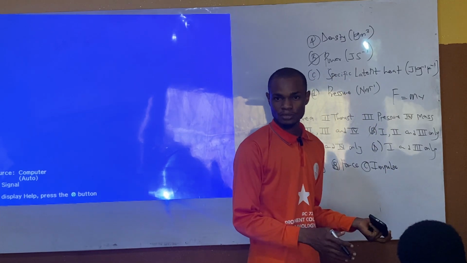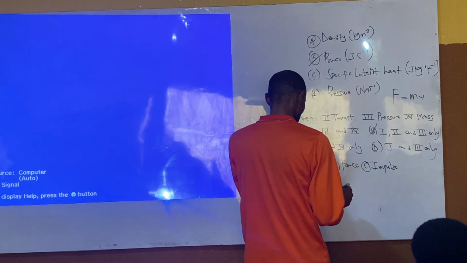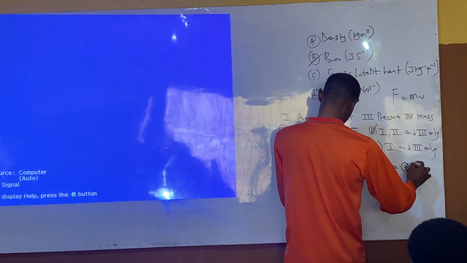What's the product of mass and acceleration? That's force. So which of the following physical quantities has the same unit as force? So you have to be very smart, please.